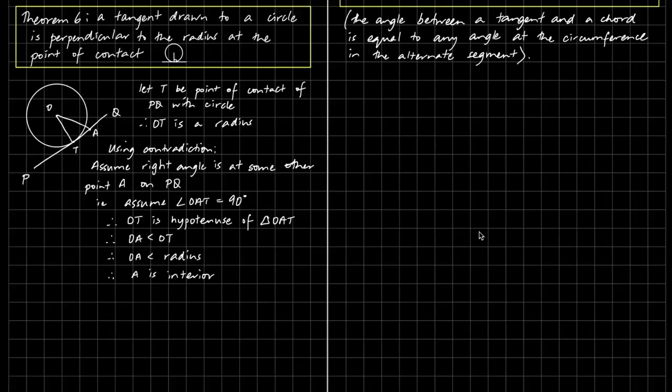So we're saying therefore A is interior to the circle, but it's not, is it?